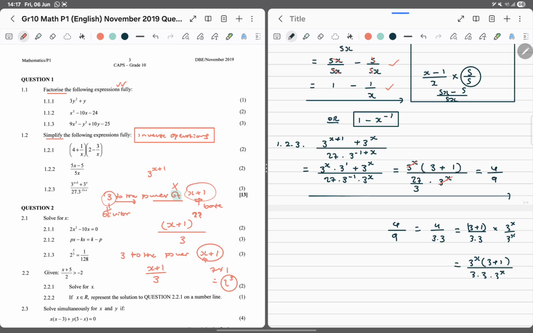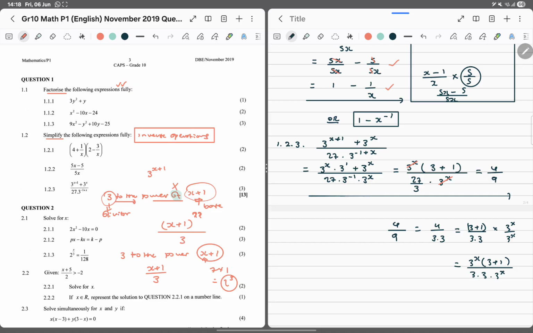Great. Now, okay, we've got something now. We understood that 9 was 27 over 3, right? This one right here. It was 27 over 3, of course.